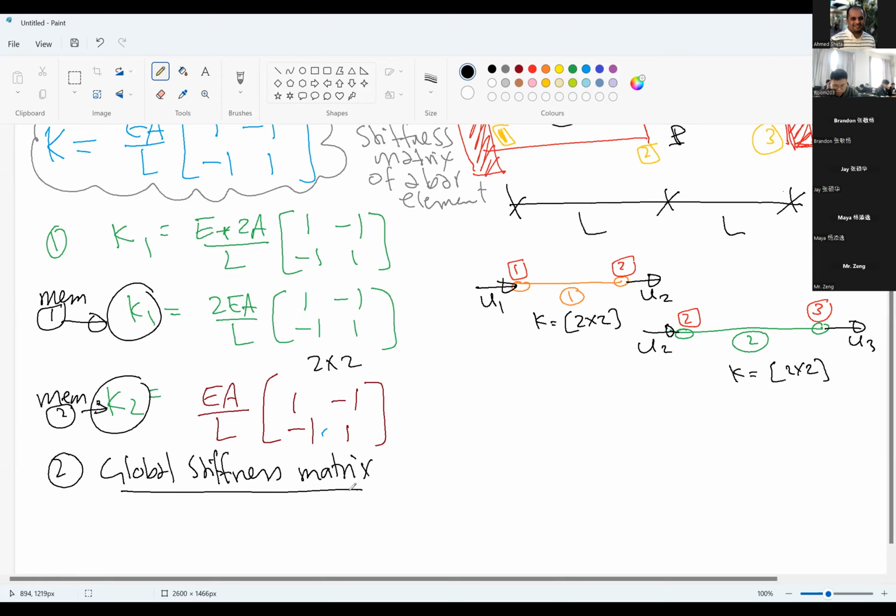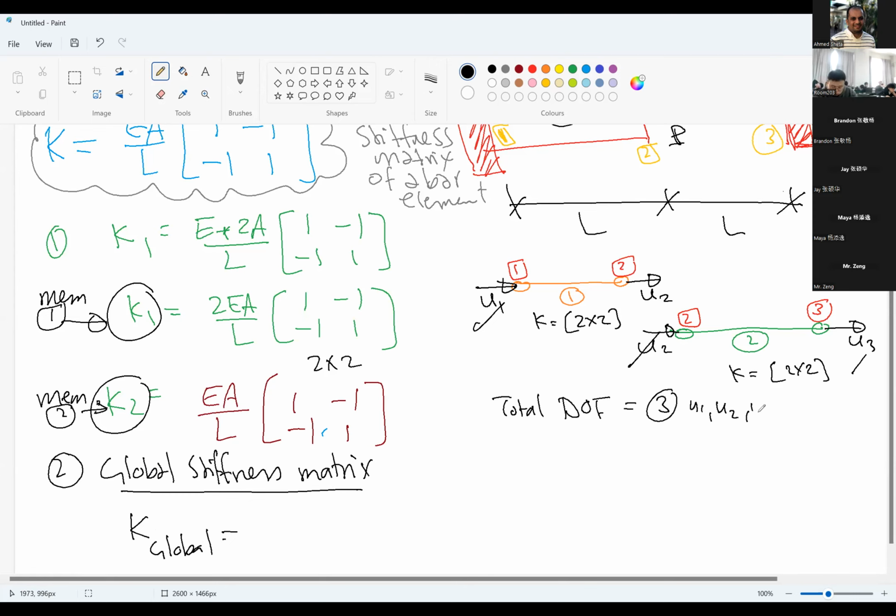The first thing we need to know is, for this structure, how many degrees of freedom do we have in total? We have U1, U2, and U3. So the total number of degrees of freedom here is 3.